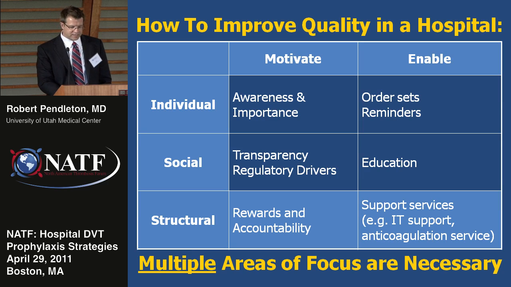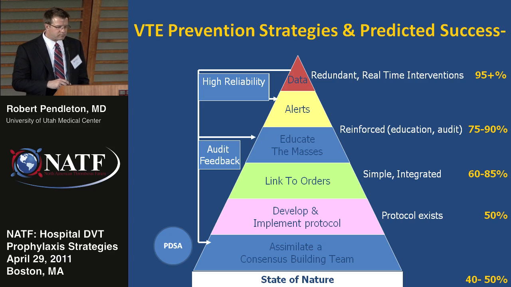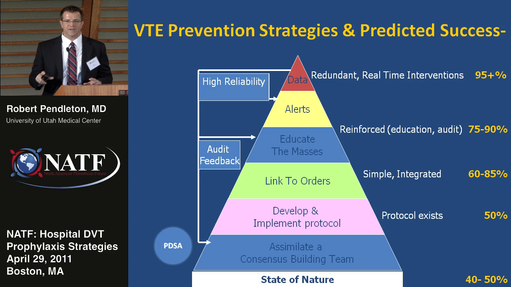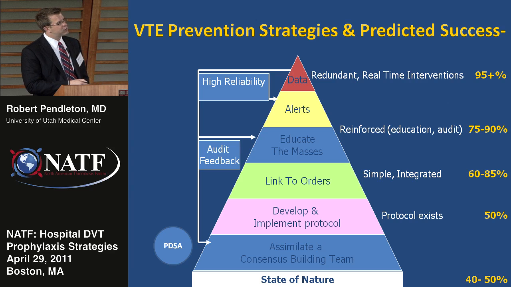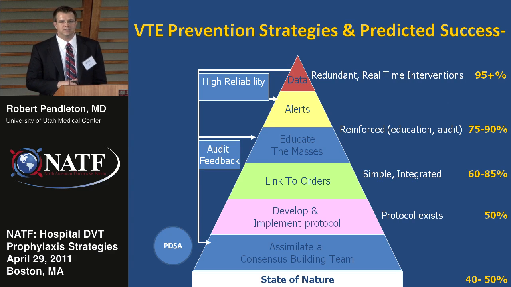And let me give you an example more specifically as it relates to DVT prevention. We talked about the state of nature in a typical hospital setting that has not embraced a need to develop DVT prevention initiatives. And as we would predict, in our state of nature, we're likely prophylaxing about 40 to 50% of at-risk patients.